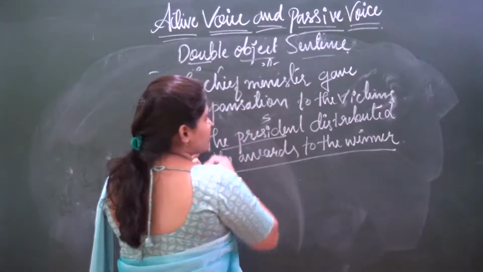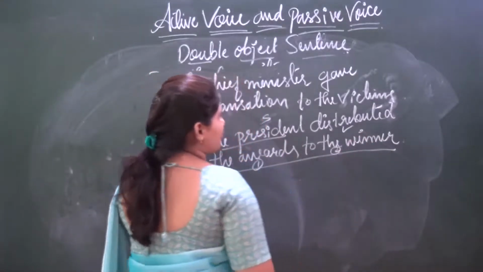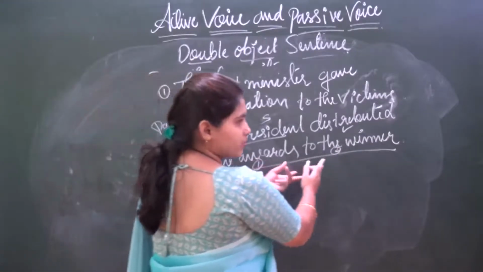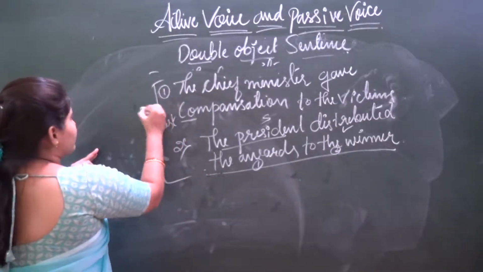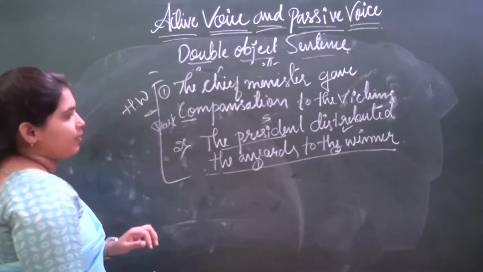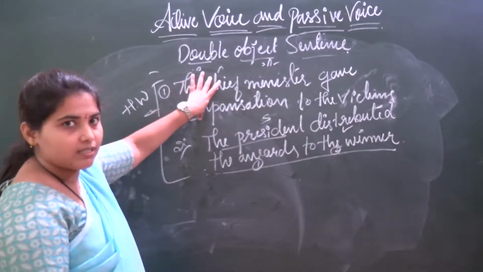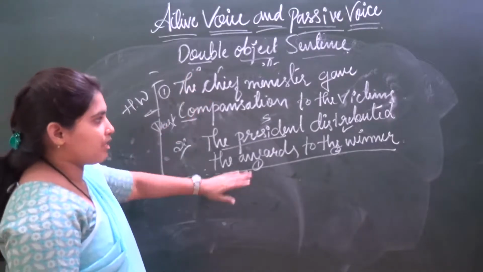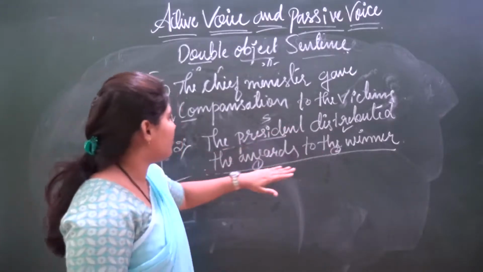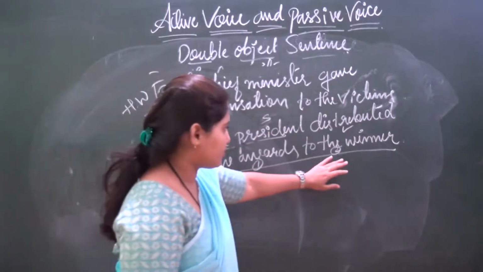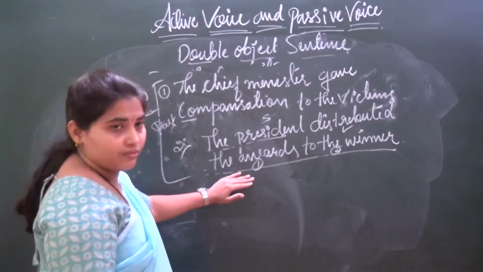This is the subject, this is the verb, this is the first object, and this is the second object. You can take the awards first, or else you can take the winners first. This is homework for you. Just practice at your home. You should transform it on your own. I'll tell you once again: subject, verb, object one, and object two. You can write the winners first, as well as you can write the awards first.